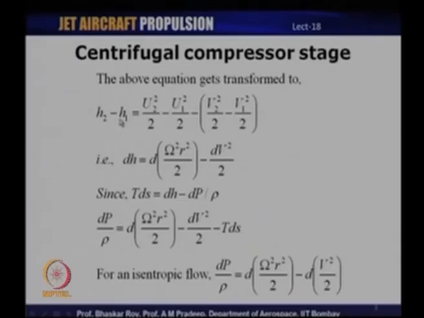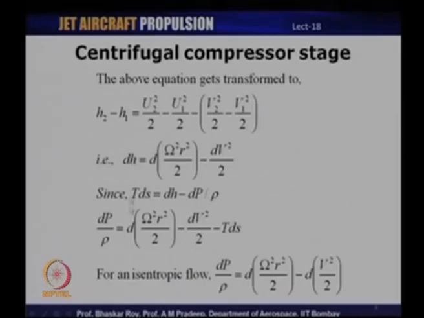H2 minus H1 is equal to u2 square by 2 minus u1 square by 2 minus v2 square by 2 minus v1 square by 2. That is dH, which is H2 minus H1, is d times u square by 2, which is omega square r square by 2, minus dv square by 2. And from our Maxwell's relations, we have TdS is equal to dH minus dP by rho.